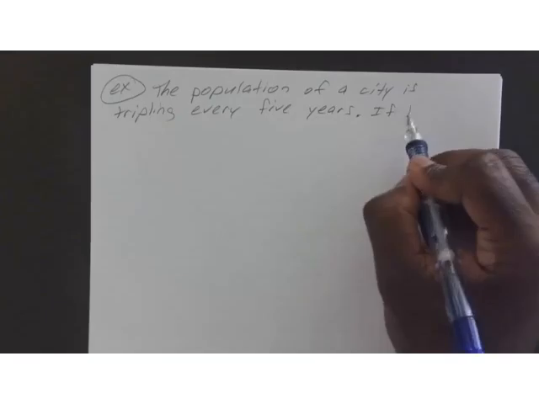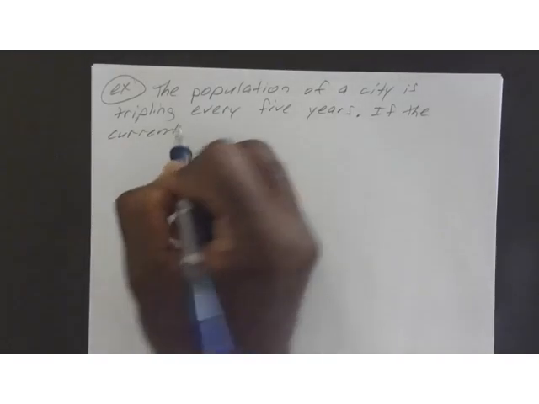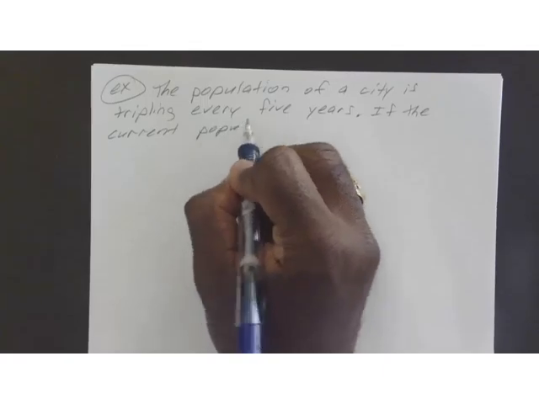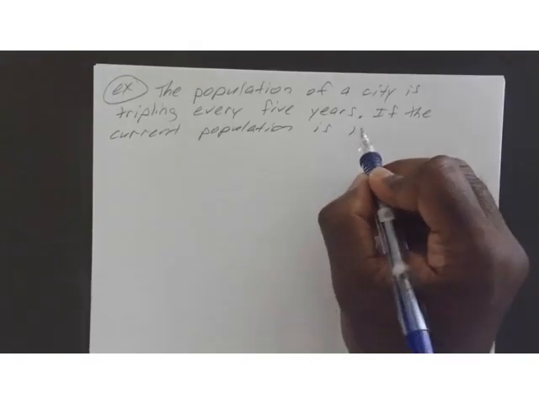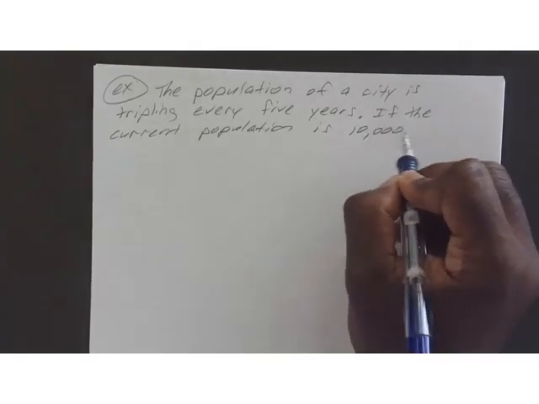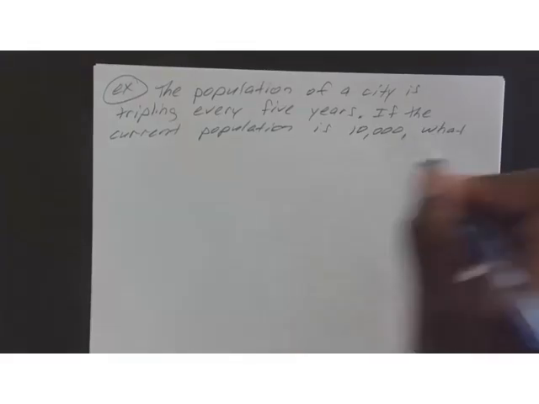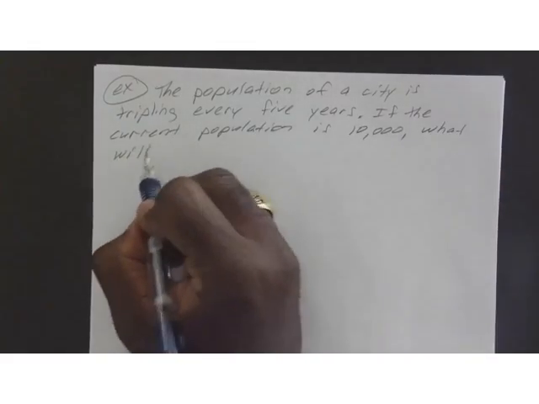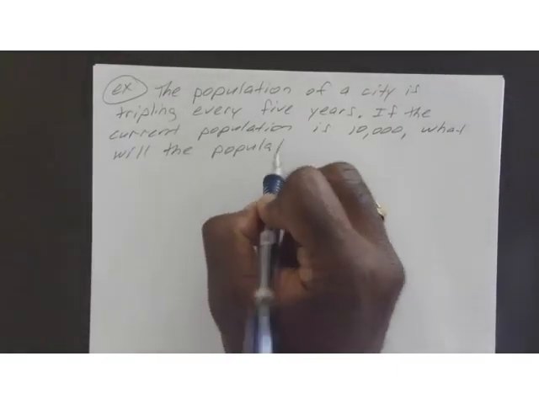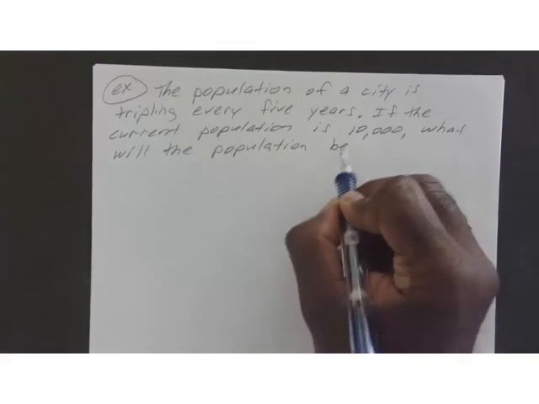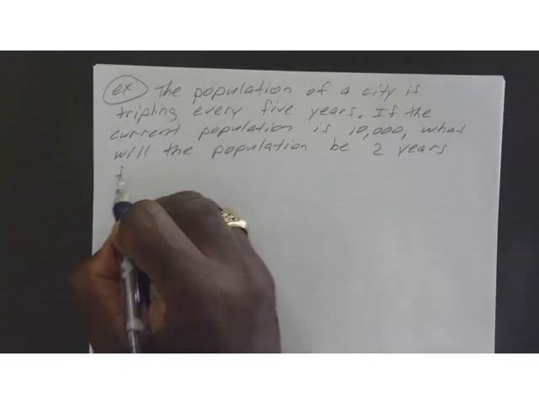So if the current population is 10,000, what will the population be 2 years from now?